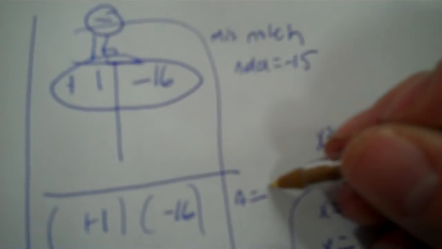We're adding to negative 15. Positive, negative, so 1 and 16. Okay, so A is 8x to the second power. Remember that. So I put in my plus 1 minus 16.